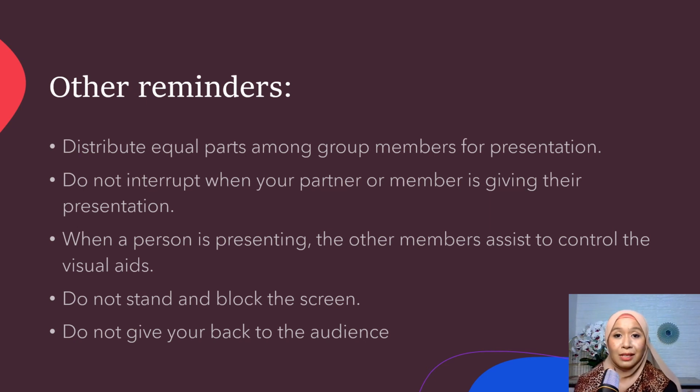That is how you differentiate a good delivery in the oral presentation and a not so good. So you have to be aware of whatever condition that you are in before and during your presentation.